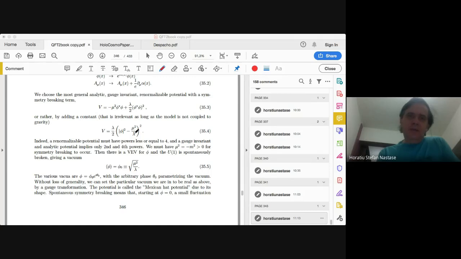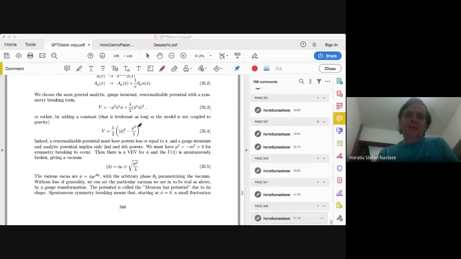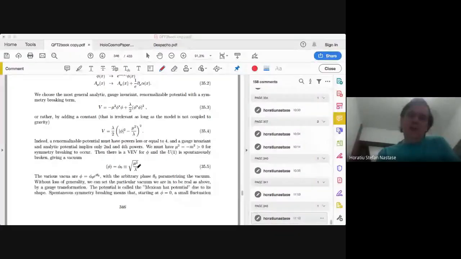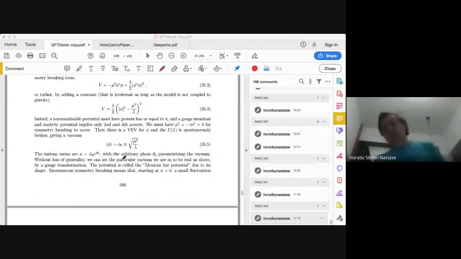All right, so if the potential is like this, then we can see that the vacuum expectation value for φ, when you minimize the potential to obtain the vacuum, is when the modulus of φ is equal to the square root of μ^2/λ, which I call φ_0. But that means that the various vacua are actually this φ_0 times an arbitrary phase, e^{iθ_0}.